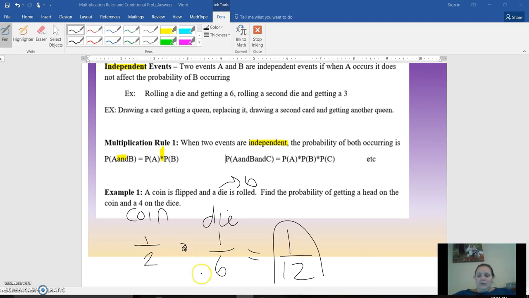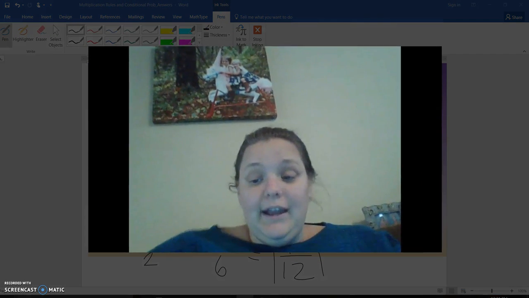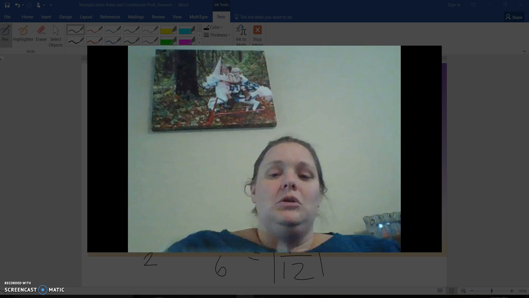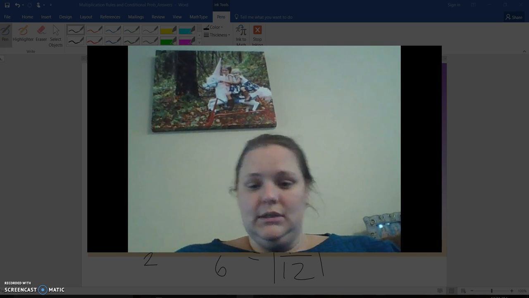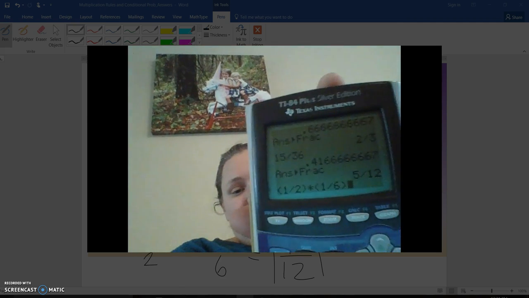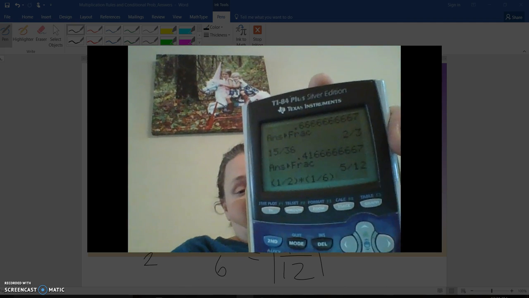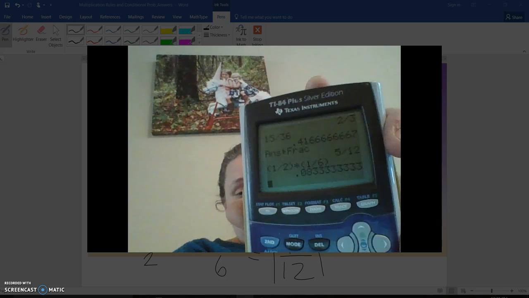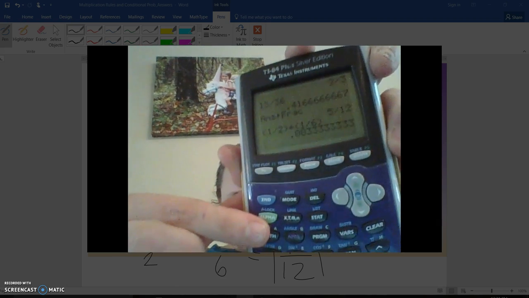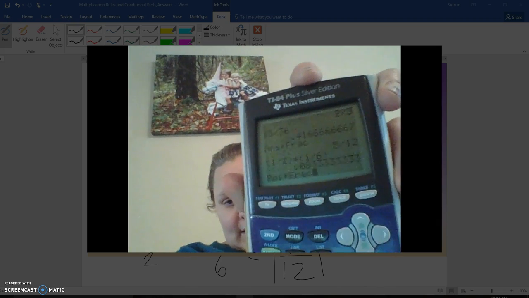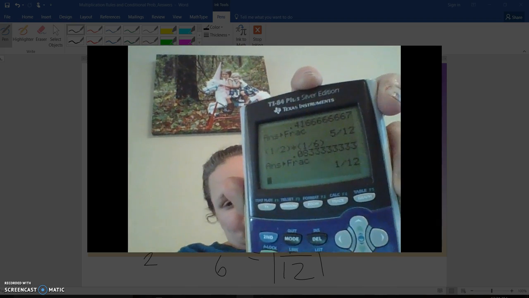We're going to get into more complicated fractions, and so you can stick it in your calculator, but just make sure you put parentheses around that fraction or it's not going to work. And then you push math, enter, enter, and so we get 1/12.